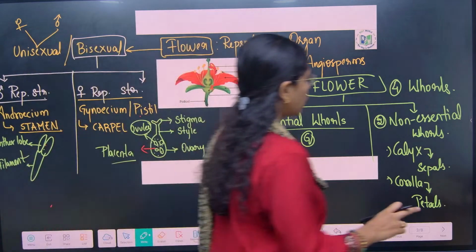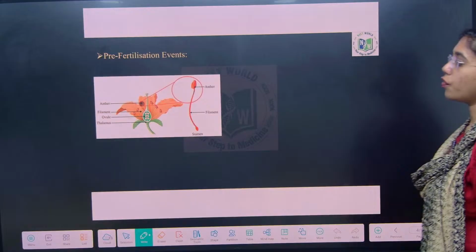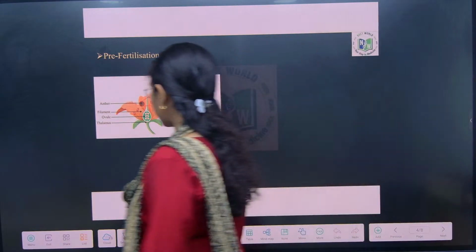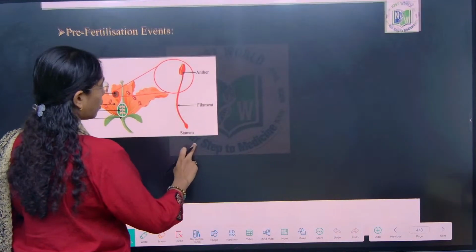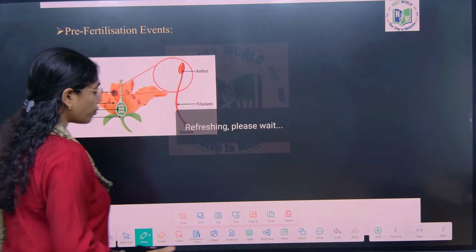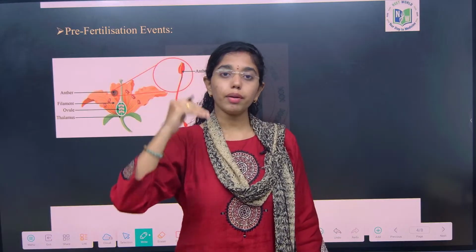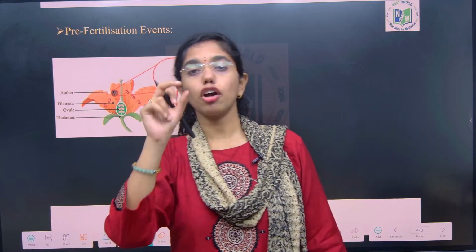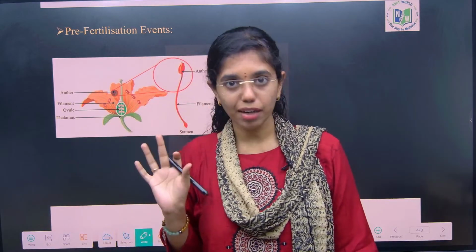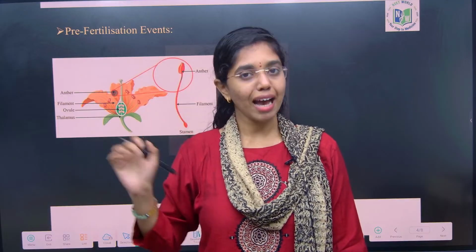And now we will see how a flower is formed inside a plant. The decision of the formation of a flower is made far before the flower formation. Even before the flower forms, the decision of making a flower is taken by the plant. How will this happen?